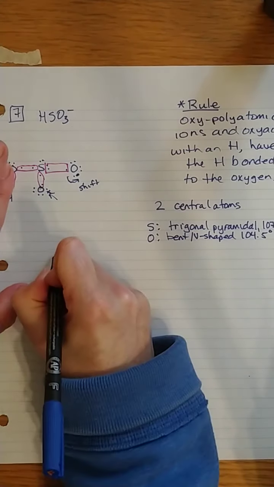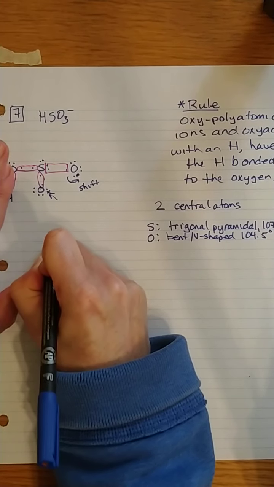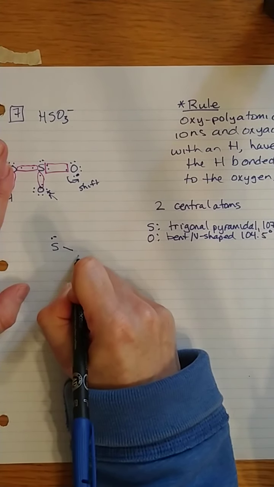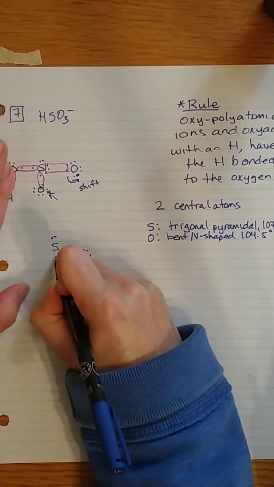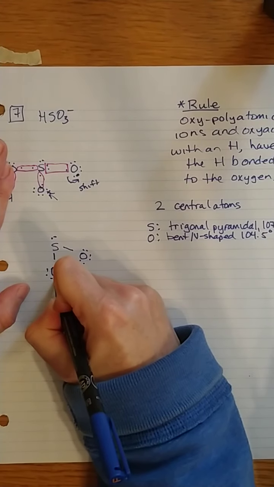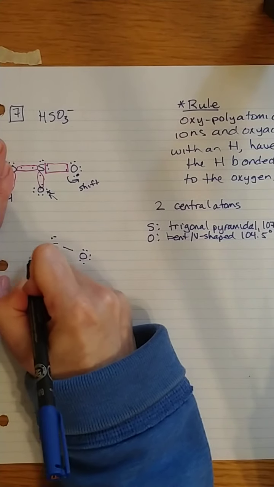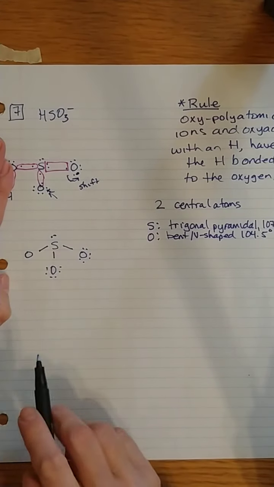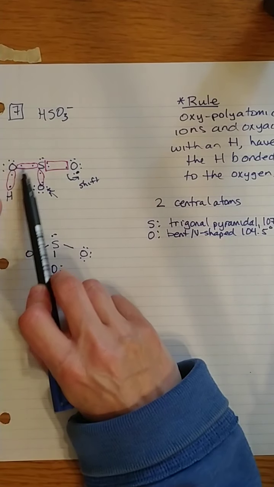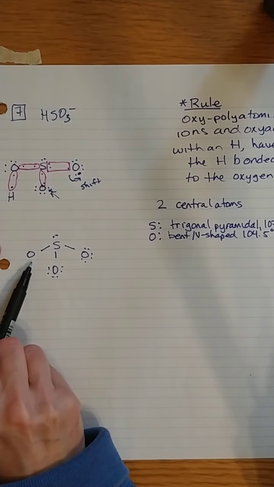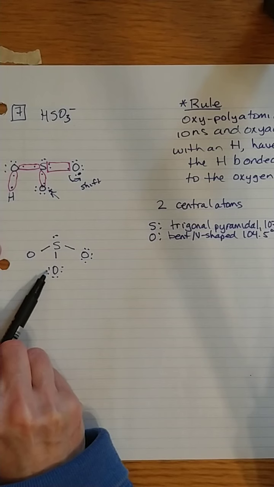Let's start with the S. So the S, we're going to have a lone pair. It needs to be trigonal pyramidal. So we're going to put an O down here with 3 lone pairs on it. We're going to put an O down here with 3 lone pairs on it. And we're going to put an O over here. Now before you put on the lone pairs, let's go to the O. This O has to be bent or V-shaped. So are you going to draw the H down here?